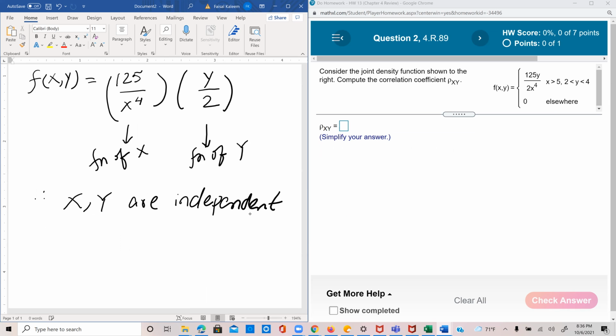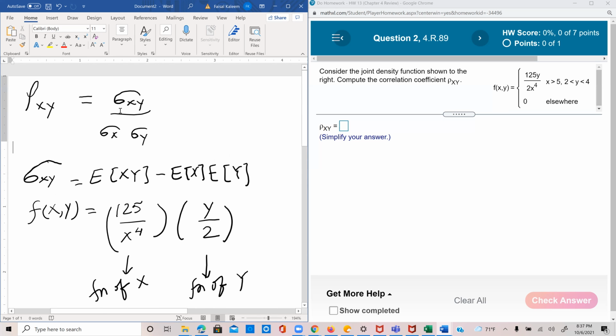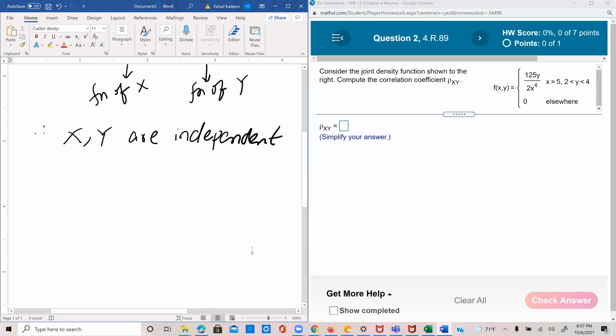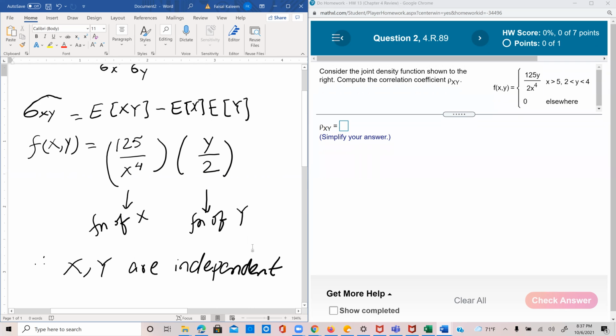So in this case, we don't have to go through all this work of finding the covariance and then the standard deviation of each variable. Here, x and y are independent, so we can see that the covariance is 0.